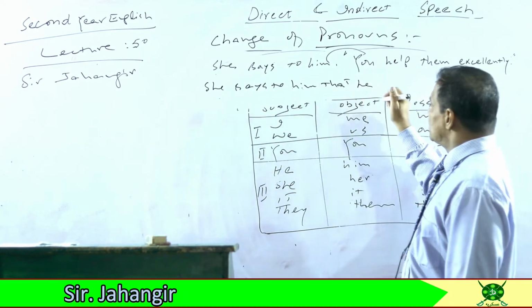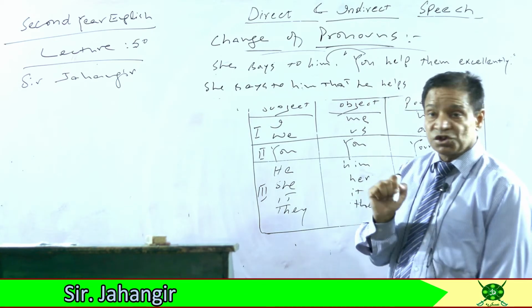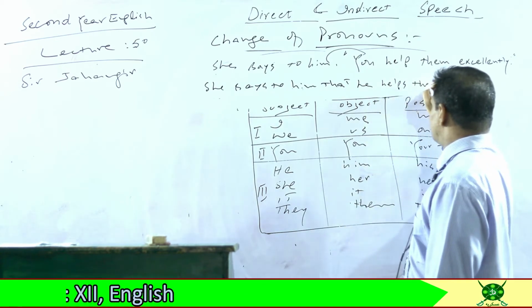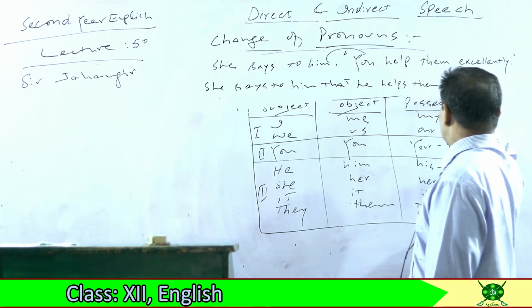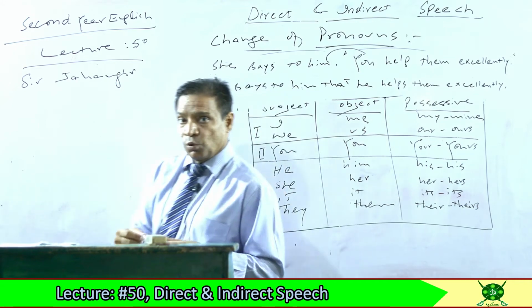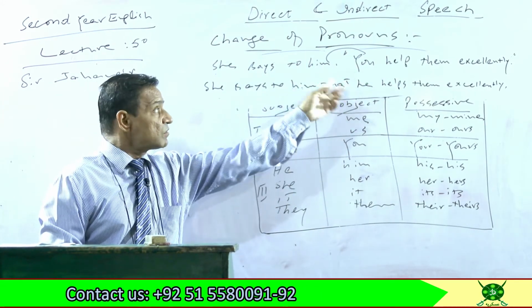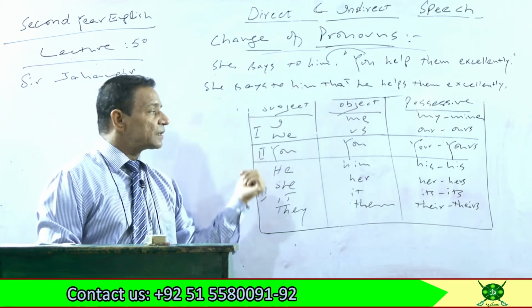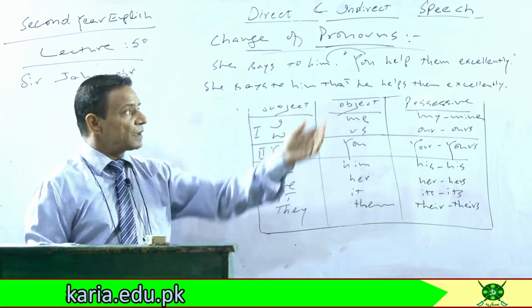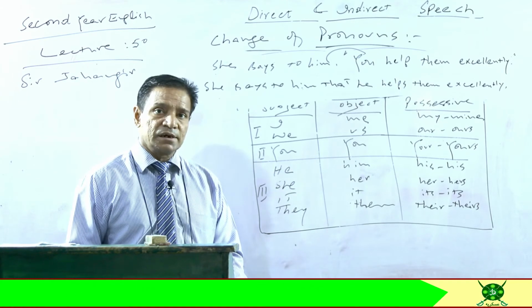So she says to him that he helps them. Third person, no change. He helps them excellently. So you're looking at only one change: second person pronoun is changed according to object. And them is third person, so no change as far as them is concerned.